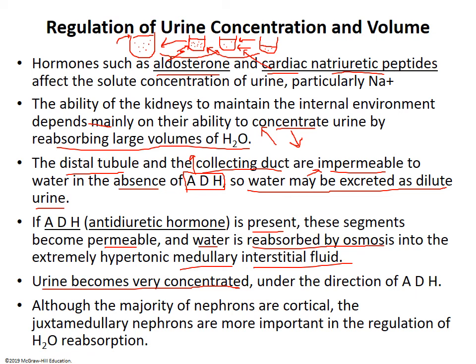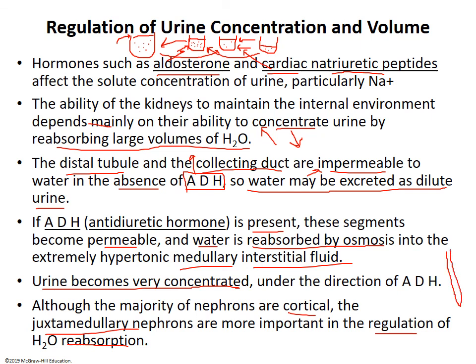Now, also, we talked about the two types of nephrons, the cortical versus the juxtamedullary nephrons. And the juxtamedullary nephrons are so important in the regulation of water absorption because their nephron loops extend way down into the medulla.